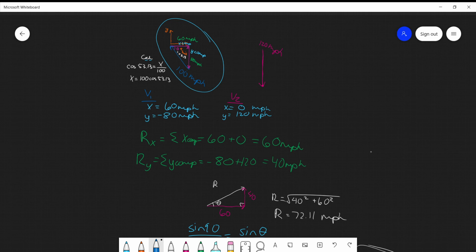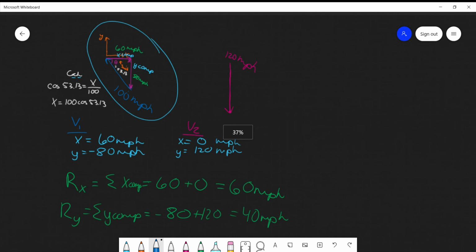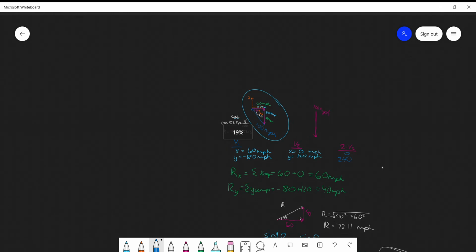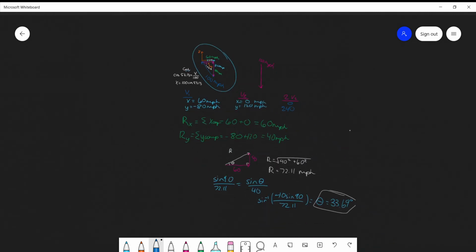Your x and y components will just become double. So if we did 2 times v2, we would get the x component to be 0 and the y component to be 240. That's it. That's all we do. And then we would just sum them up accordingly with that value instead of the 120. So if you only want to learn one method, I would highly recommend this method.